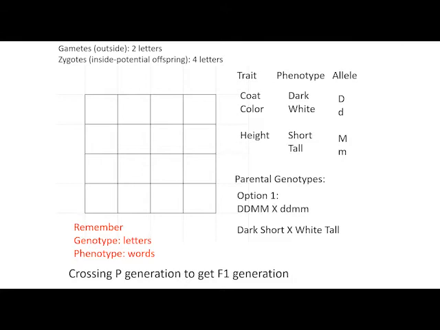And so the dark and short parental genotype has to be big D, as well as big M, big M. The second parent could be white and tall. To be homozygous and white, you would need to have both the little d and another little d. It's the only way that the recessive can show up in the phenotype. The same thing happens for tall. I have to have both little m, little m.